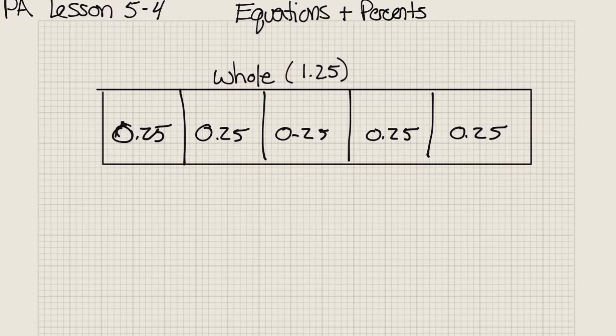Now, what you were supposed to do in your homework is identify how much of this is 1. Okay, how many boxes would I shade in if I was to represent the quantity 1? Liam? Four, 4. So I'm going to go ahead and do that as well.